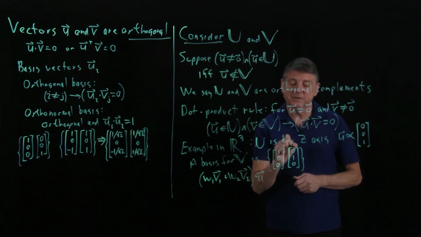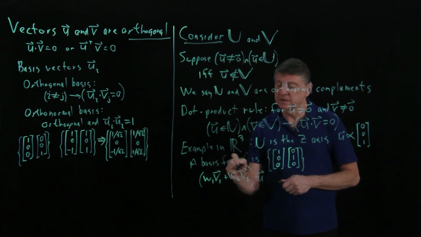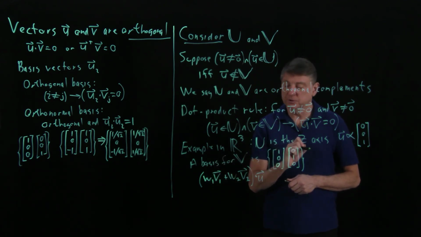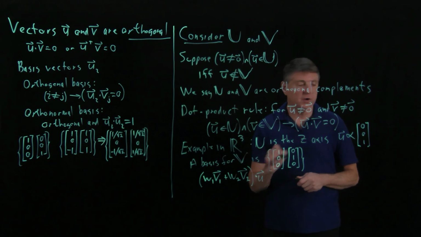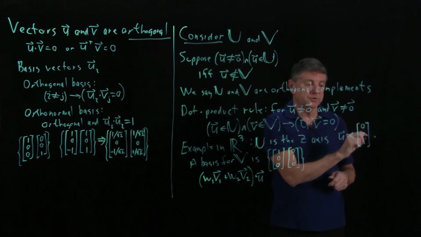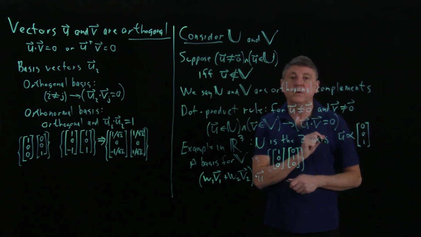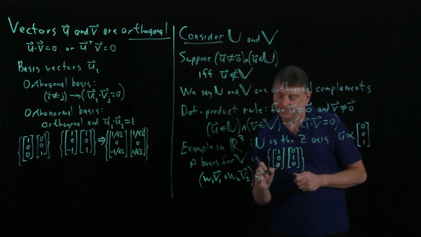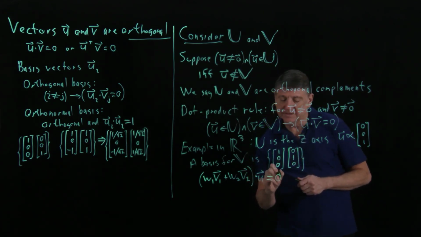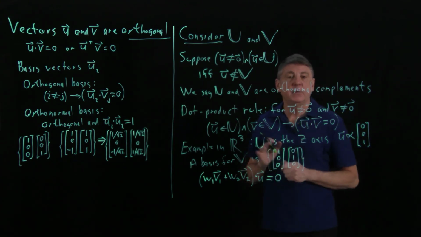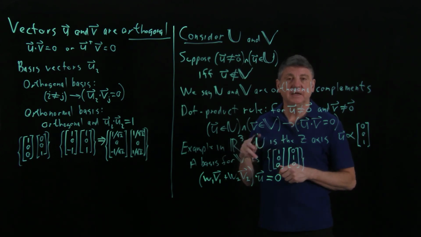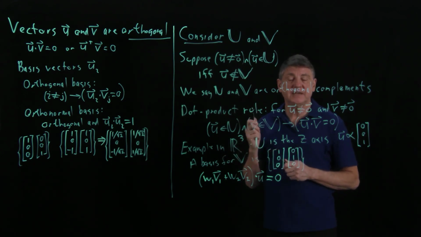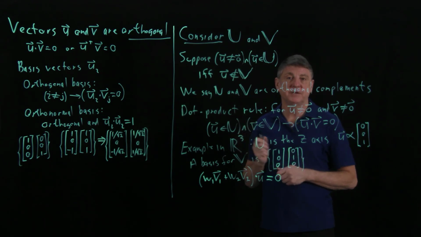W2 times this will be (0, W2, 0). The sum will be (W1, W2, 0). And when we take the dot product of (W1, W2, 0) with u, what we get is 0. So this is a simple example, and what that's saying geometrically is that the xy plane is orthogonal to the z-axis. The xy plane is a vector space, the z-axis is a vector space, and these are complementary vector spaces.